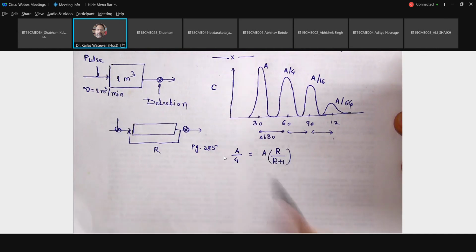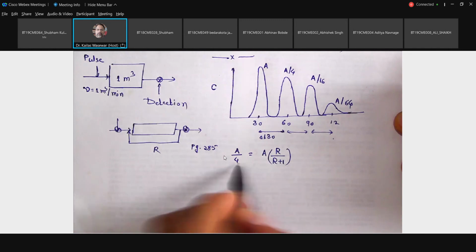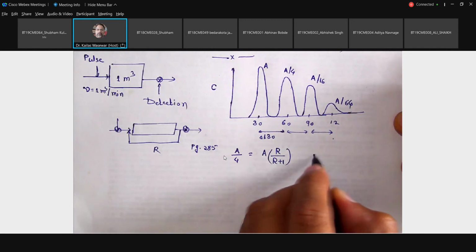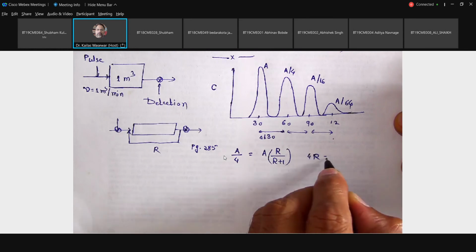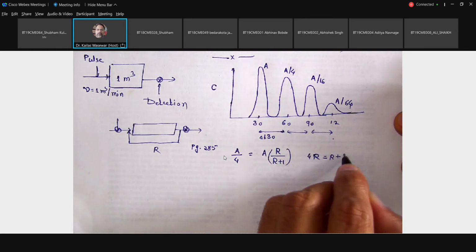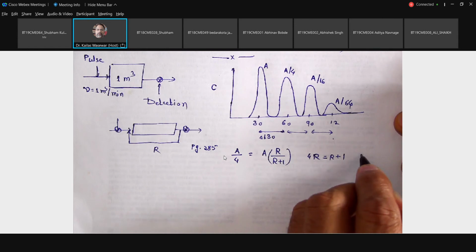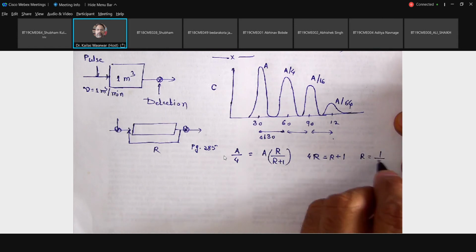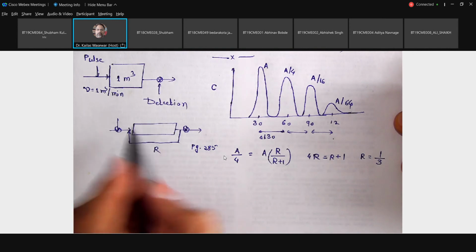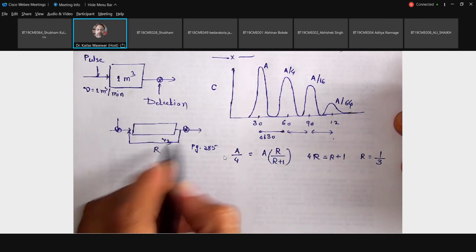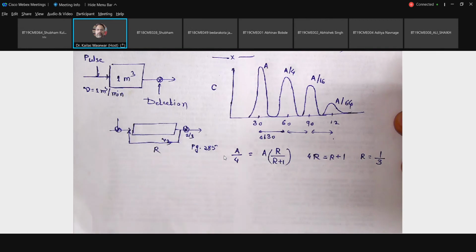From this you can easily get the R value: 4R is equal to R plus 1, and so R is equal to 1/3. That means 1/3 of this flow is recycling and 2/3 is exiting.